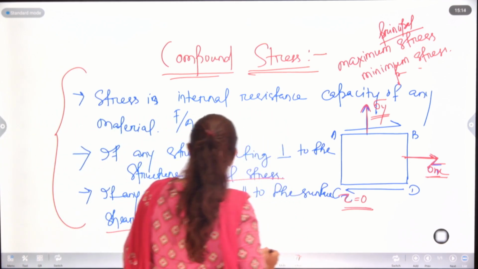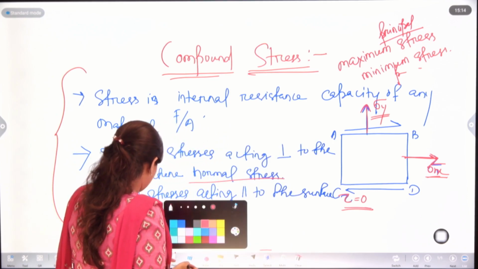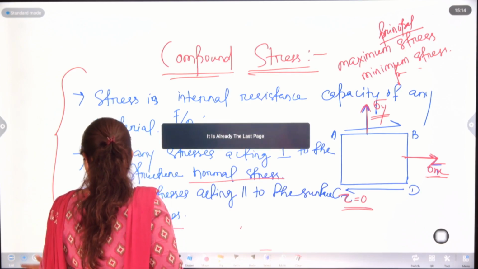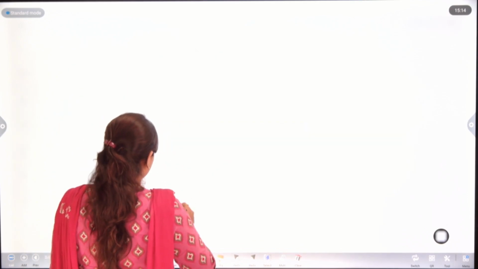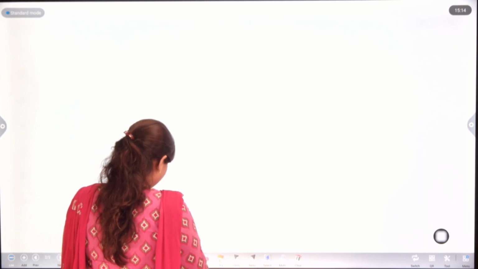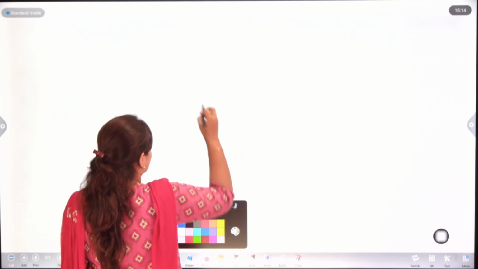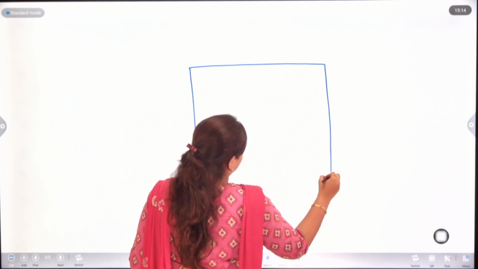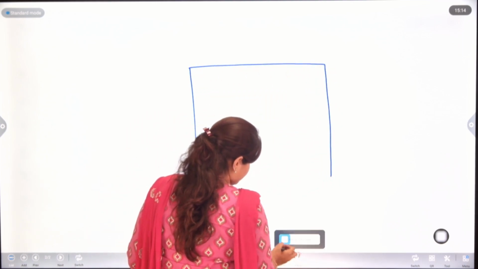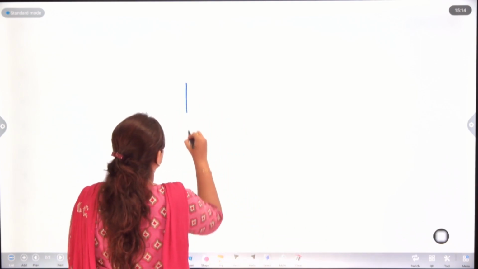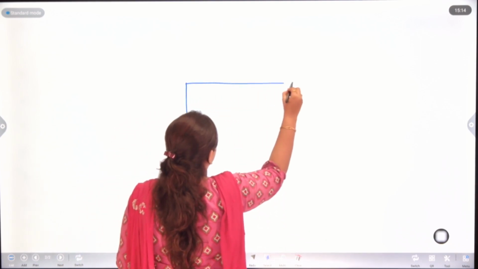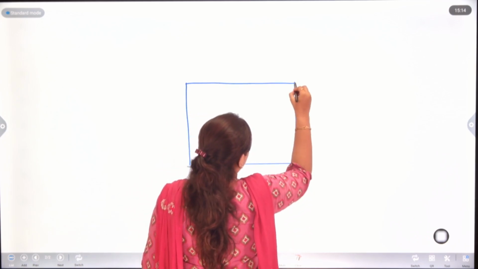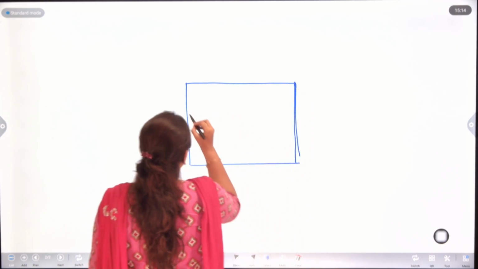We will draw a 3D diagram. Here we have the ABCD block.